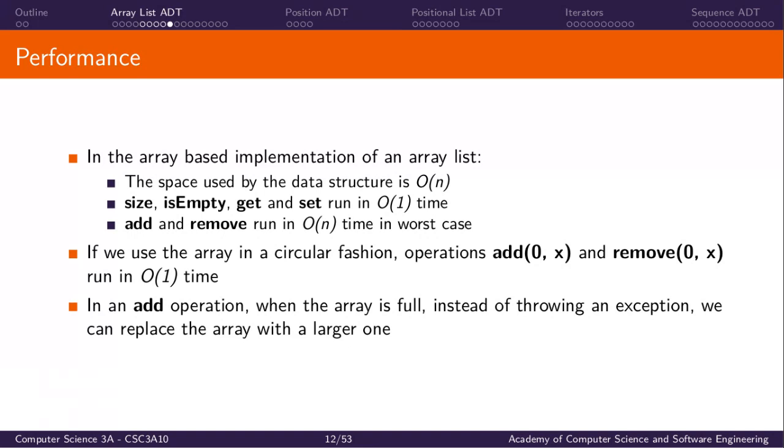And in our add operation, if the array is full, we can throw an exception, but if rather than doing that we want to grow our array, then note the size, or capacity, of our array can't actually be changed. So what we'd have to do is create a new array, copy everything from our old array into that new array, and then throw away the old one. All right? So there is no way to take something of fixed capacity and actually grow it. Instead, we'll have to create a new larger array and copy everything over into that.